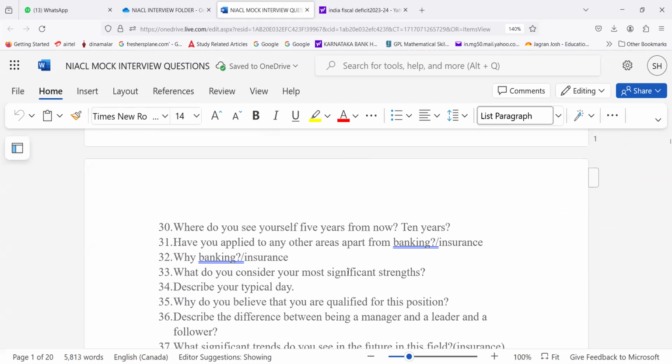Next, question number 30. Where do you see yourself 5 years from now or 10 years from now? Supposing a question like that is asked, how will you answer it? Okay. Tell me.